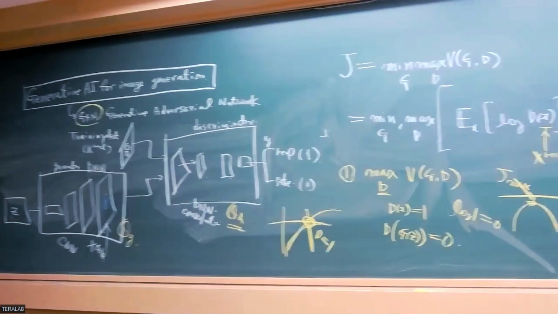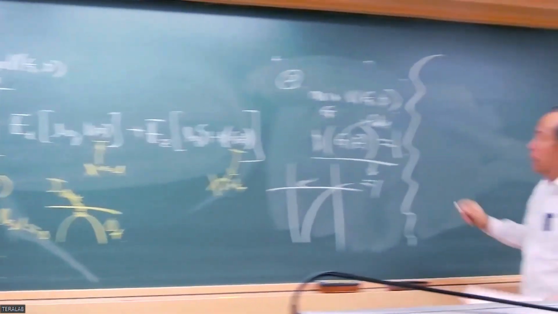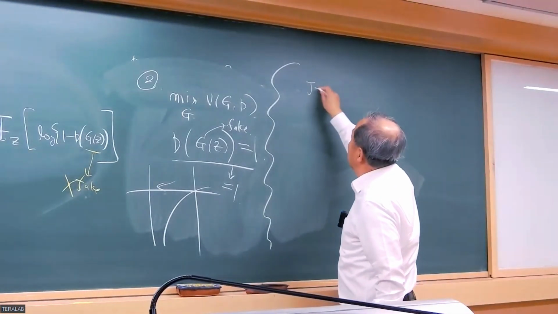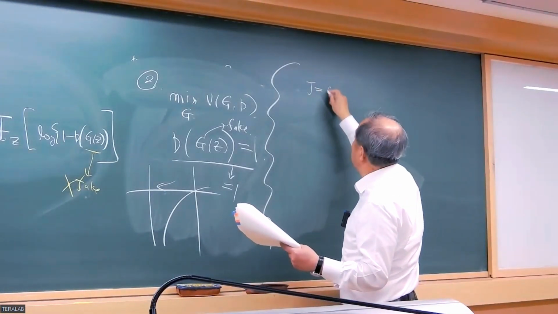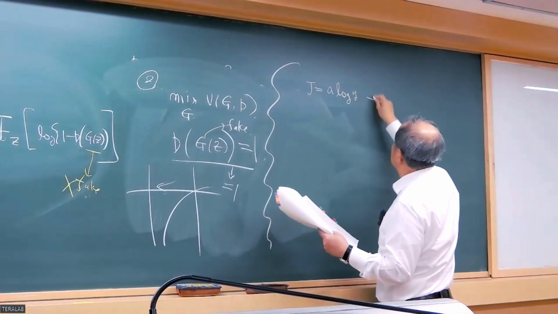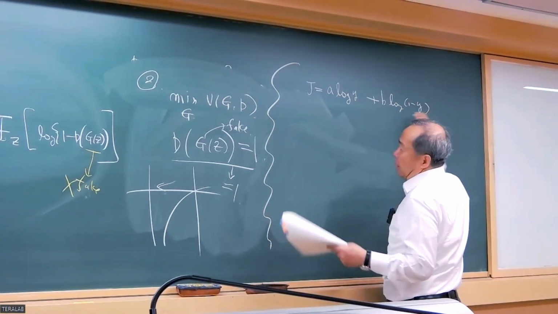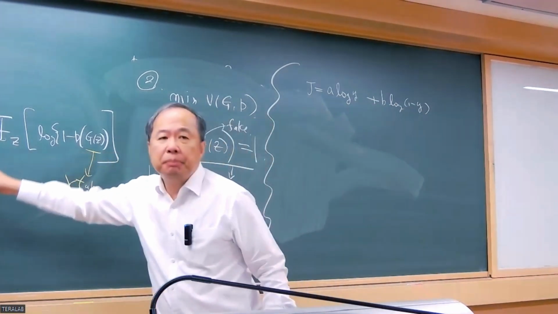Let's talk a little bit more about the meaning of this loss function. Let's assume that we have a function J that has a log y plus b log(1 minus y). Very similar shape.